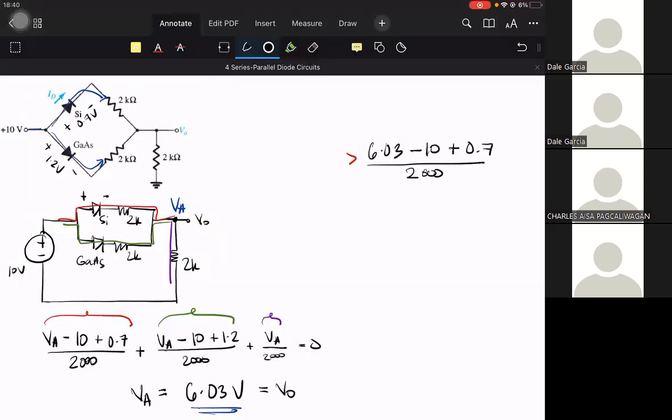Ayan, sa function magnitude sa currents. So current sa silicon diode is equal to 6.03 minus 10 plus 0.7. Although negative siya, the magnitude sa current is 1.63.